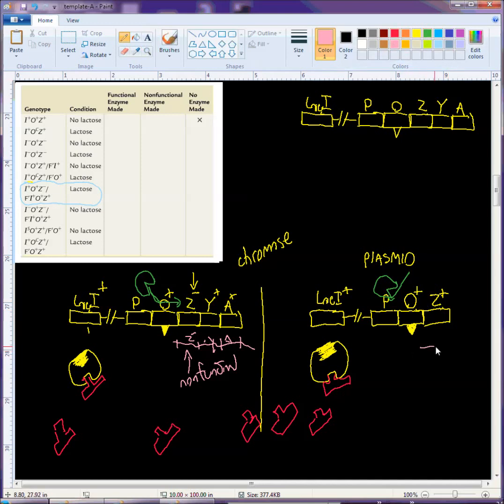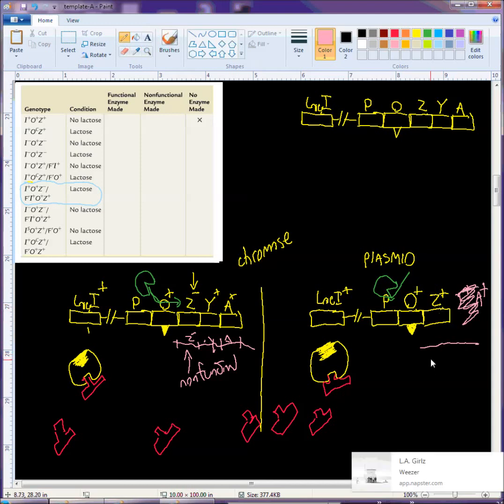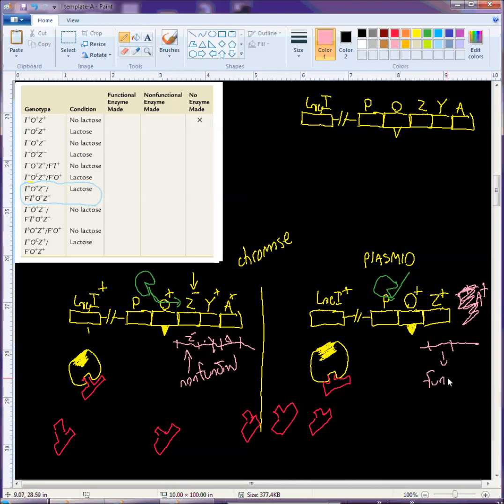So this RNA will be transcribed, and the problem also didn't say if Y was here or A was here, but we can ignore those. Z is going to be transcribed. It is functional. So this is the messenger RNA. Functional Z will be transcribed from the plasmid. So in this case, functional enzyme will be made and non-functional enzyme will be made, right? Functional enzyme from here and non-functional from over here.